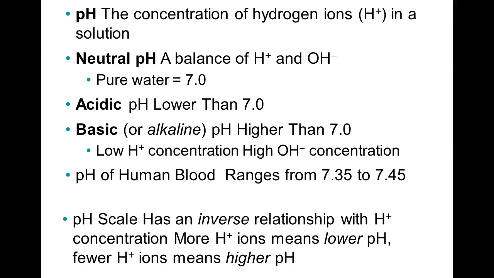And human blood is very much held at that level. It's very important your blood pH does not change. And then you have that definition of a pH scale. Inverse relationship with hydrogen concentration. The lower the pH, the higher the hydrogen ions, and the higher the pH, the higher the hydroxy ions.